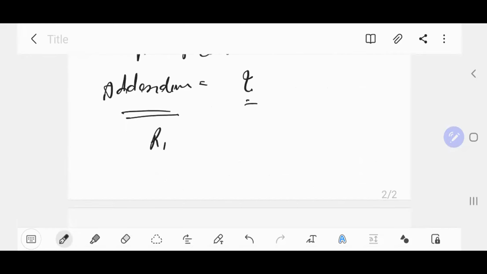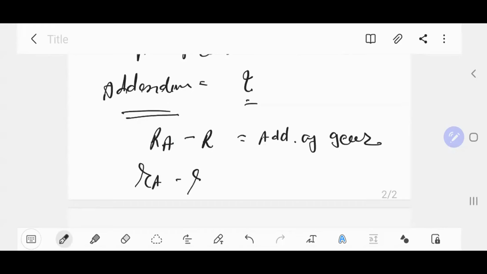For the gear, RA is the radius of addendum, not the addendum. RA minus pitch circle radius R is equal to the addendum of the gear, and small ra minus small r, the pitch circle radius of the pinion, is equal to the addendum of the pinion. So we need to find these two things: addendum for the gear and addendum for the pinion.